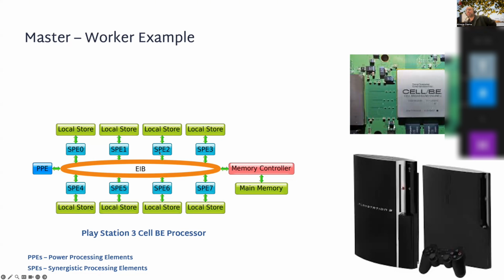In this architecture, the PPE is a general purpose CPU, but the SPEs are 128-bit SIMD machines with their local storage, and they can use the shared memory using this memory controller, right? So we have a master processor and some worker processors with their local storage, and they can access the same memory space. This is how the Cell BE processor looks.